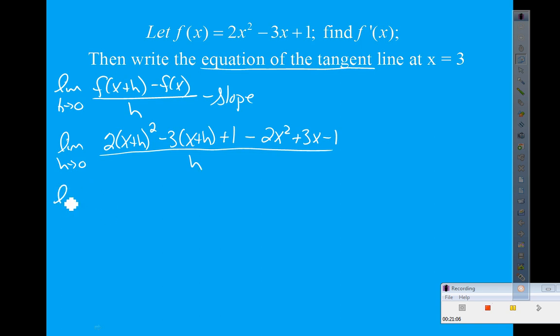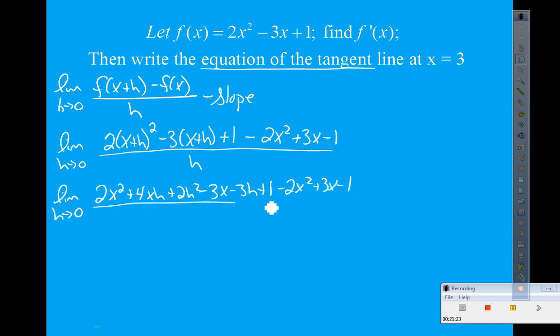And then super fast, this becomes 2x squared plus 4xh plus 2h squared minus 3x minus 3h plus 1 minus 2x squared plus 3x minus 1 all over h. That and that are out of there. That and that are out of there. That and that are out of there. Divide everything by h, so I'm left with the 4x.